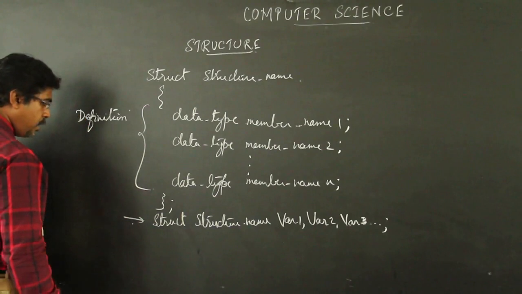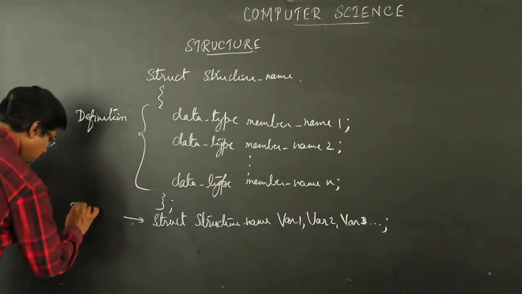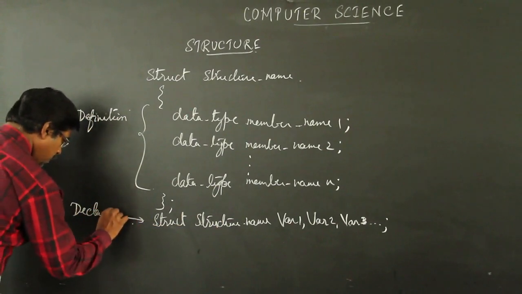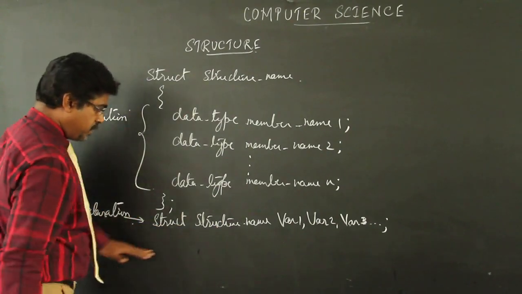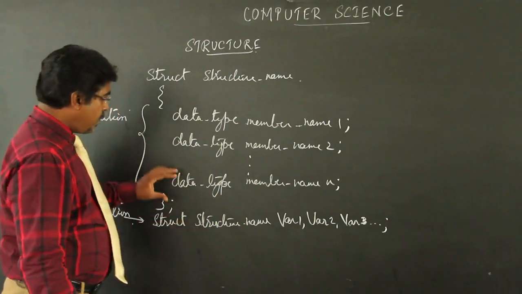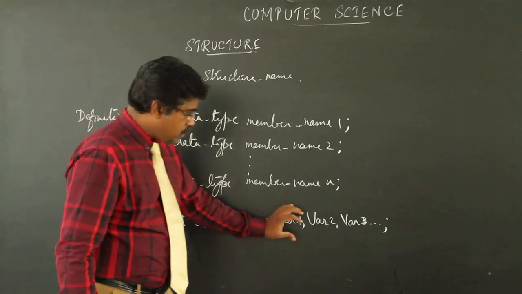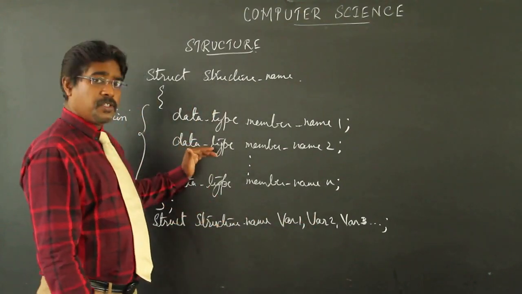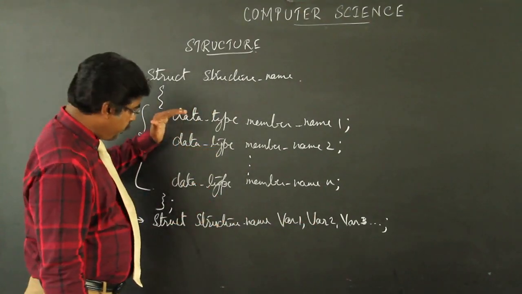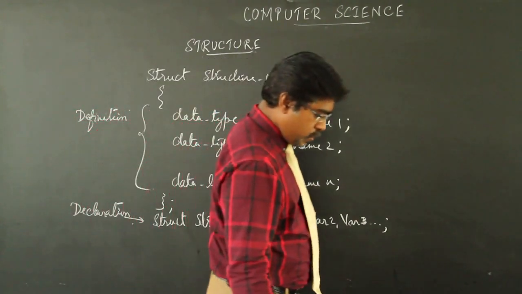Likewise, in the variable part of a structure, we call this the declaration of a structure, and we'll be declaring the variables. These are the two parts we have in the structure. And whenever we declare the variables of a structure, there should compulsorily be a definition. Without definition, memory allocation will not be done. Let us move on to an example.